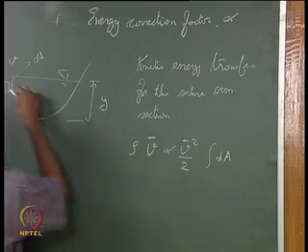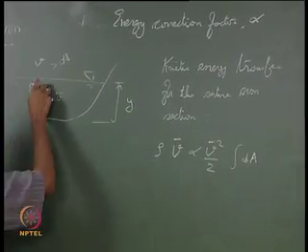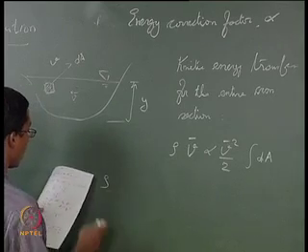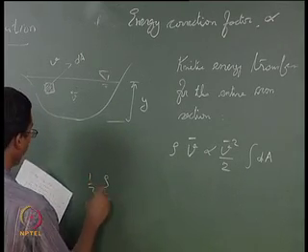Now, using your simple velocity at each point, the kinetic energy will be measured as half rho v cube dA.